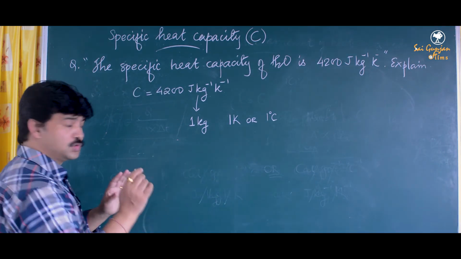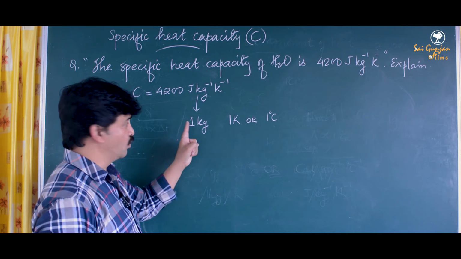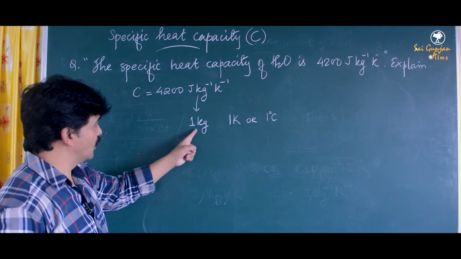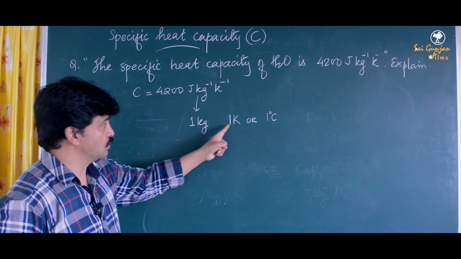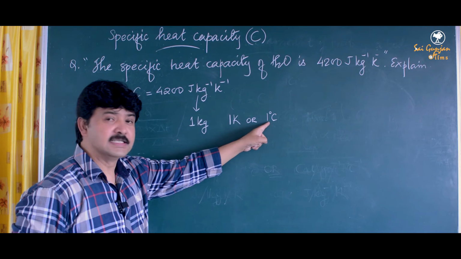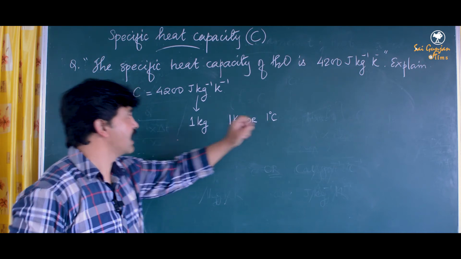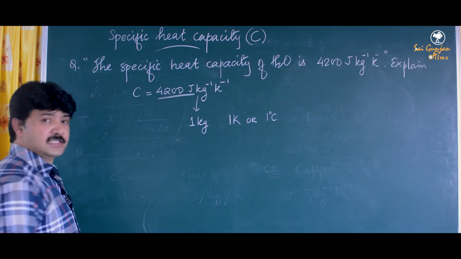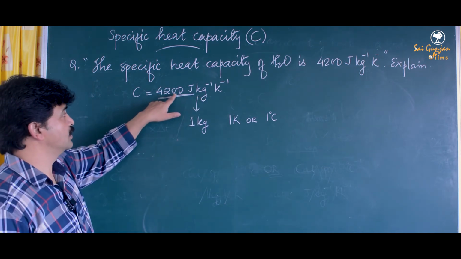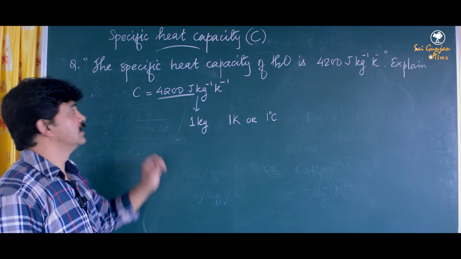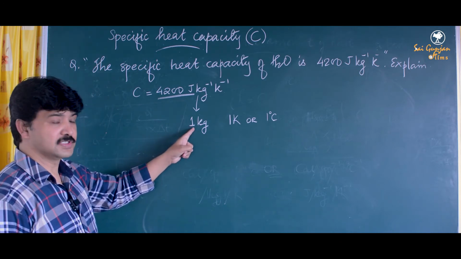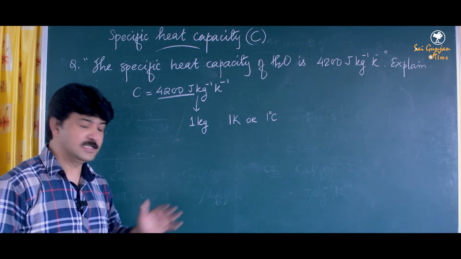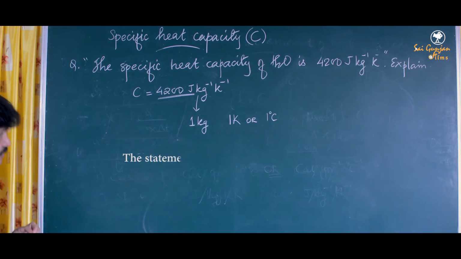So what does it mean? To raise the temperature of 1 kg of water through 1 Kelvin or 1 degree Celsius, how much heat is required? This much heat is required. That means 4200 joules of heat is required to raise the temperature of 1 kg of water through 1 Kelvin or 1 degree Celsius.